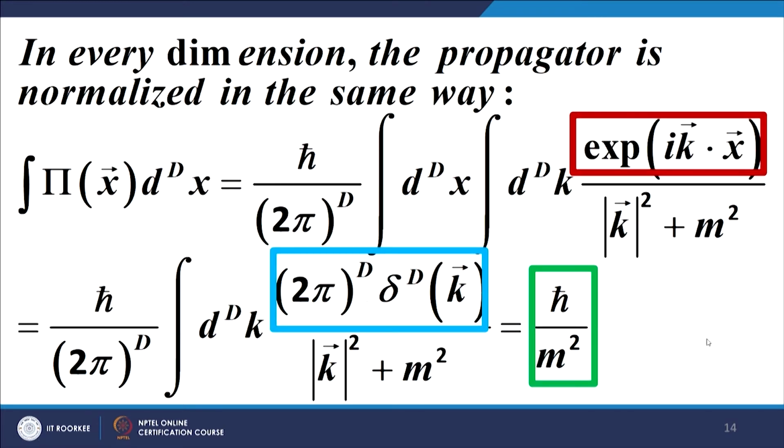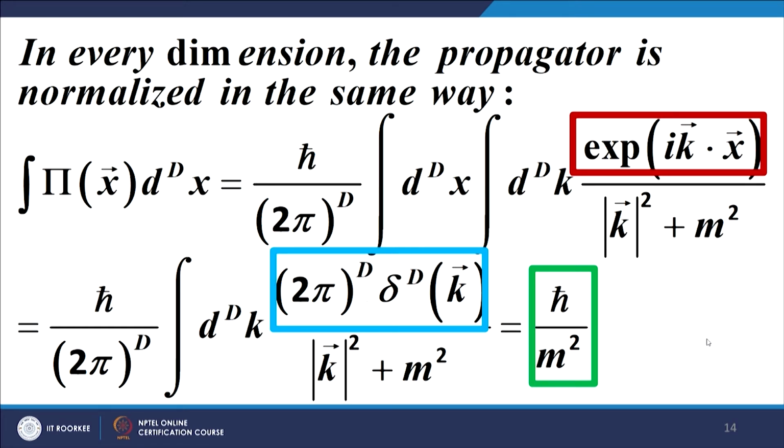And as far as the normalization is concerned, the normalization of the propagator is straightforward. The integral of pi of x with respect to the Euclidean volume works out to h upon 2 pi to the power d, integral dx, integral dk exponential, with the expression for the propagator. If you insert there the delta functions, the exponential i k x becomes 2 pi to the power d times the d dimensional delta of k.